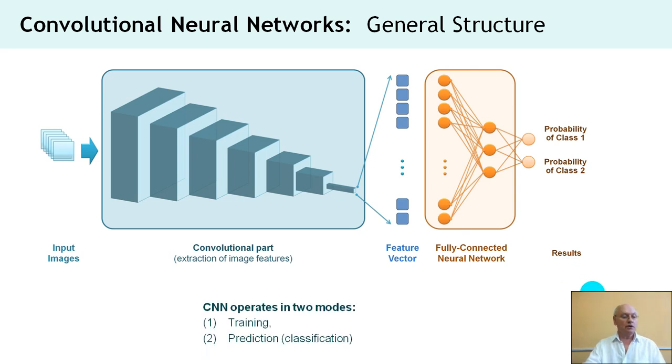What is important to understand even now in this pre-course is that there are two different modes in which the convolutional neural network operates. The first mode is training. On the training stage, we teach the neural network with real examples from this particular field of application. We teach by supplying an image of something to the input, and we say which class it belongs to.